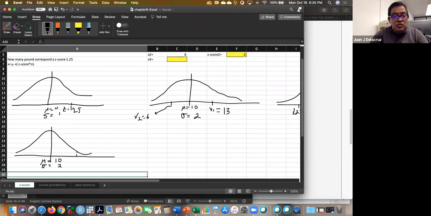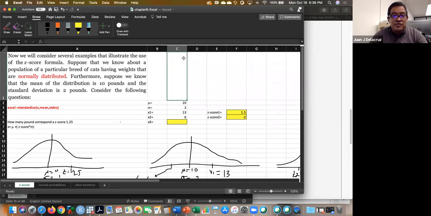And I want to know what is the value here, right? What is the value that corresponds to 1.25? I don't know, that's what I want to find out. In order to find this X, I need the value of mu, I need the z-score, and I need the value of my standard deviation. All this information, I have it.